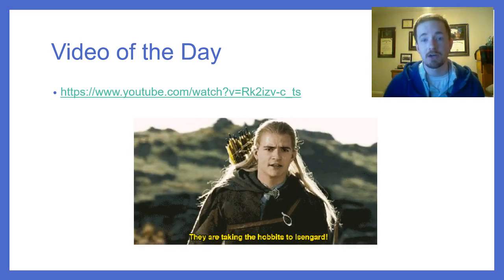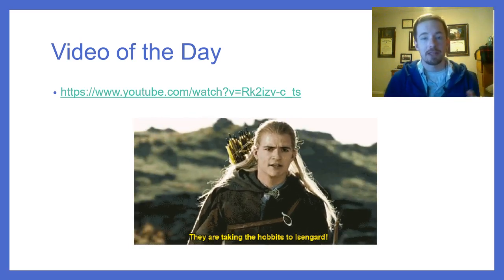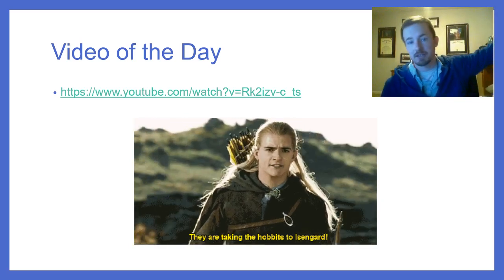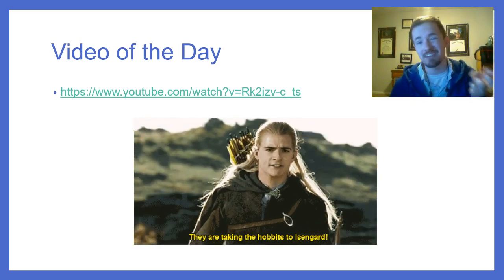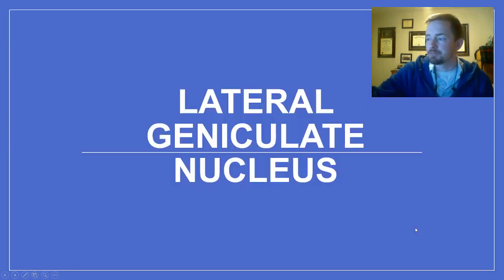And this particular video is referencing a movie in the Lord of the Rings series where this particular man, Orlando Bloom, is able to spot people in a field really far away, and it talks about whether or not he would actually be able to do that given his particular set of eyes and how big his eyes are. Alright, so let's get into anatomy.